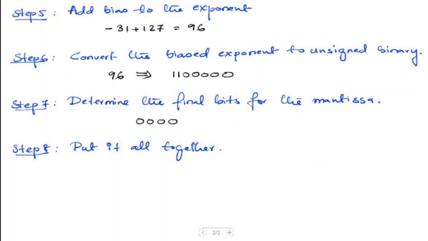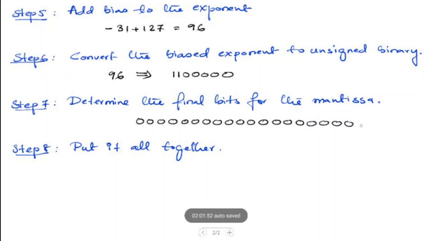There will be 23 zeros because we are in the 32-bit representation. You don't have to write it always like that, I'm just trying to do it according to the steps. So for the first question we are just doing that.